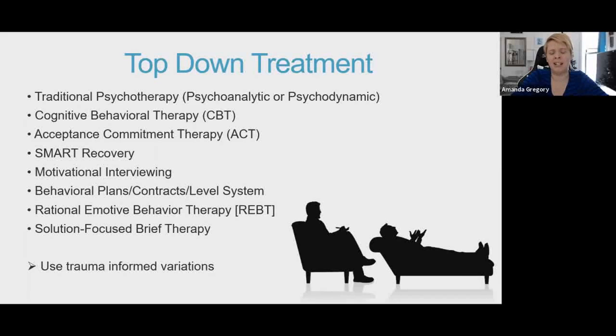I just made a list. Now know that this is not a complete list of the top-down approaches, but the top-down approaches basically are accessing that prefrontal cortex, that executive functioning, to impact the second step, the limbic system, and then the survival state. So top down, if you're using these methods, wonderful.